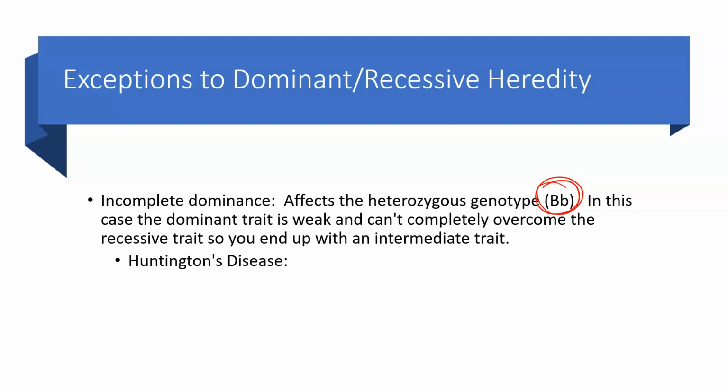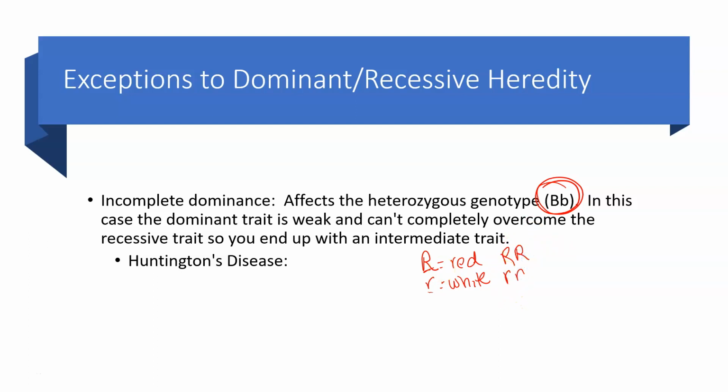So the best example that I can give you right now, to make it a little easier to understand, is let's look at flowers, right? A lot of flowers go through incomplete dominance. So let's say that red is the dominant allele for flower color, okay? And white is a recessive allele. So let's say we take a red flower, so red would be RR.